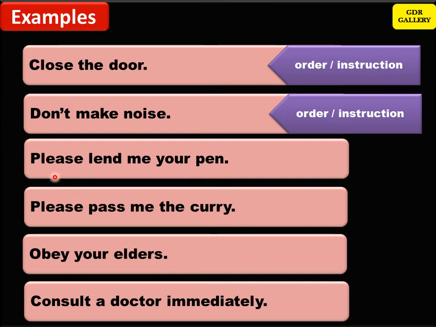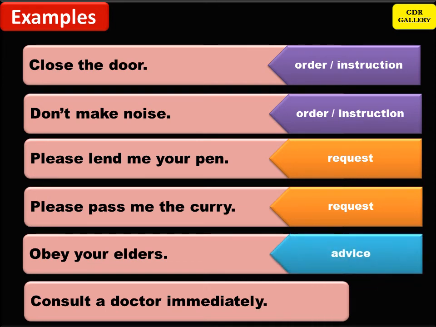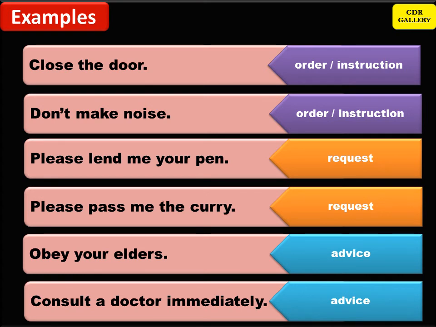The word please itself tells that it is a request. So these two sentences are request. Now let's see the next two sentences. Obey your elders. Yes, you're right. It is an advice. And the next sentence, consult a doctor immediately. It is also an advice.